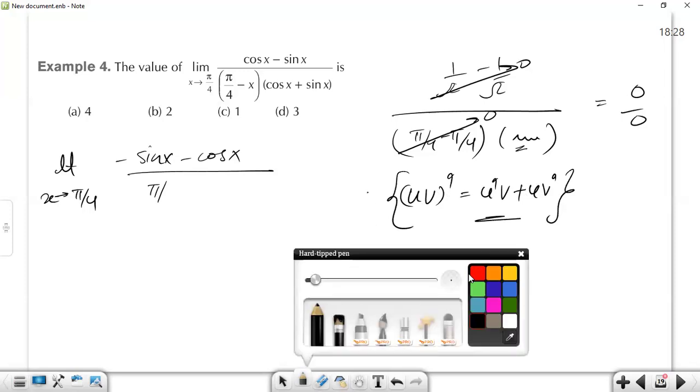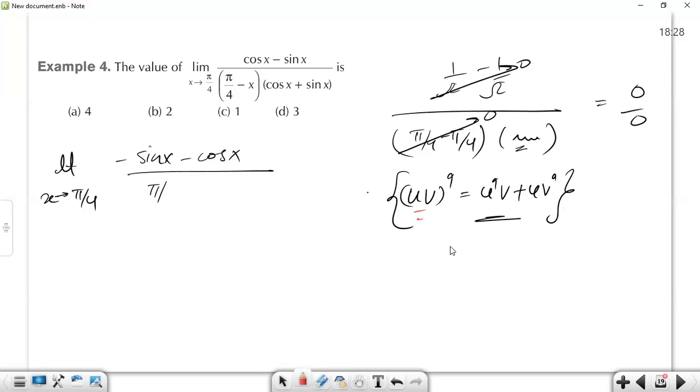Yes, sir, UV method. Yes, this is the product rule in which we are differentiating the product of two functions, and I have represented a function u as a function of x and another function v, which is also a function of x. So if we are differentiating the product of these two functions, then we have to follow this particular formula.